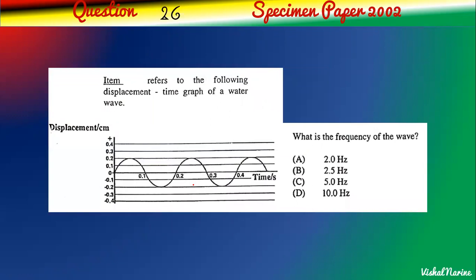26. The question asks, what is the frequency of the wave shown there? Yesterday, I explained this graph a bit. That was a question for an unknown, where we couldn't find the frequency. But in this question we can find it because the time is given. So we know that our frequency is equal to 1 over the period, and the period is equal to the time taken for one oscillation.